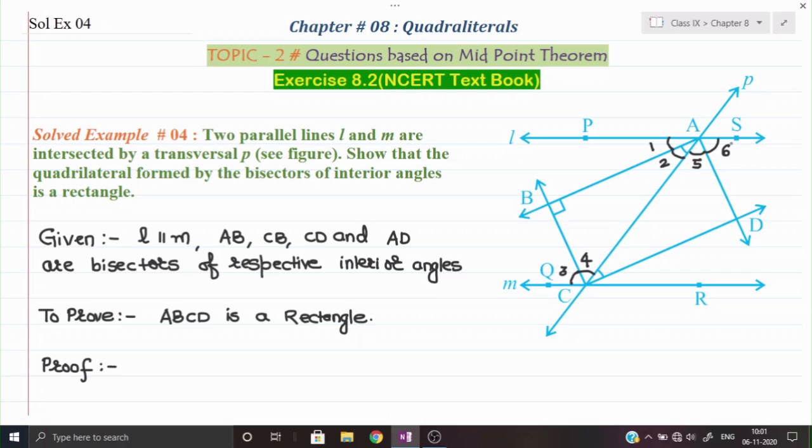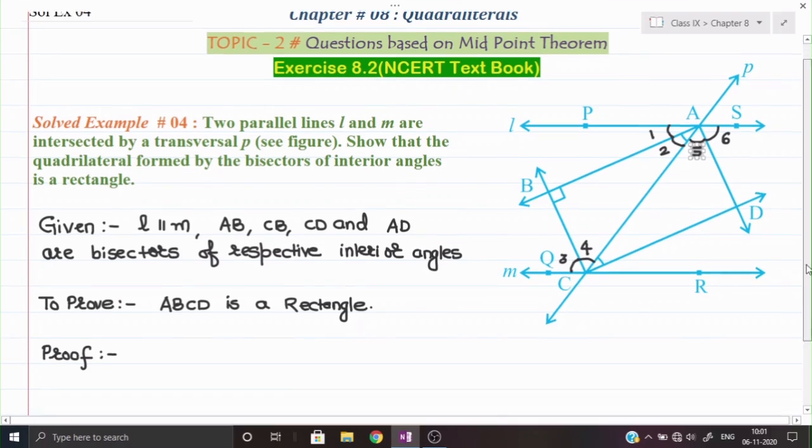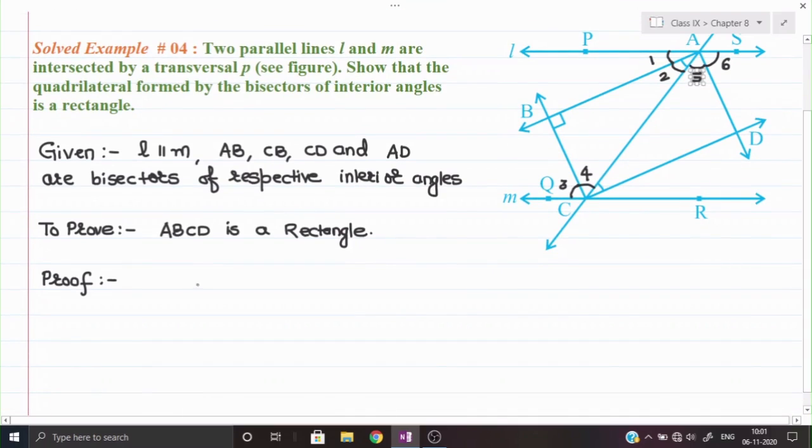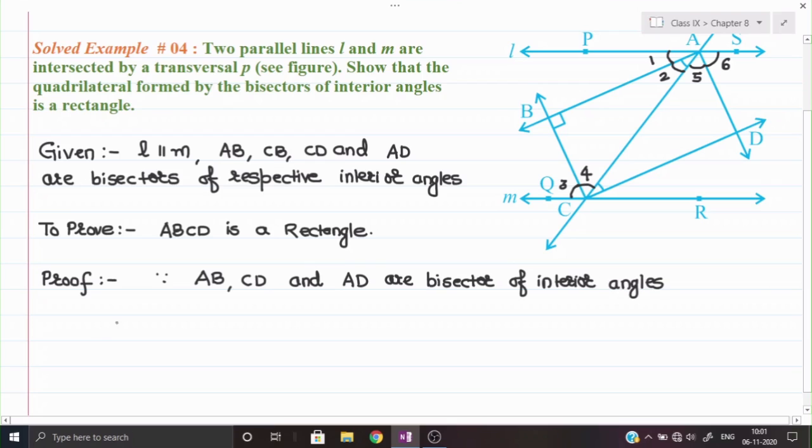So here we shall write down, since AB, CB and AD, we don't require CD over here, so we are talking about these three only, are bisectors of interior angles.